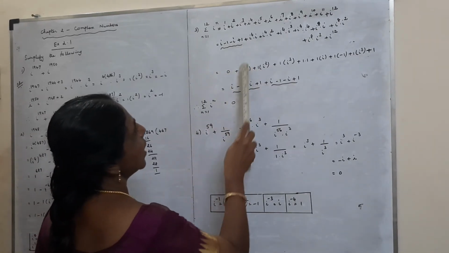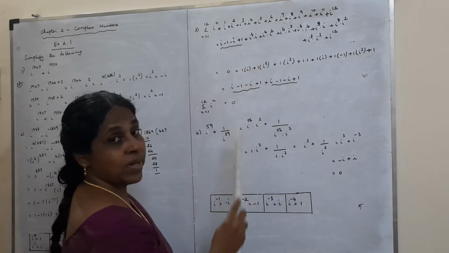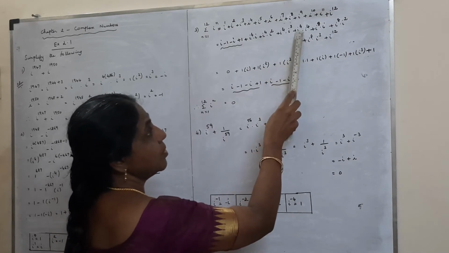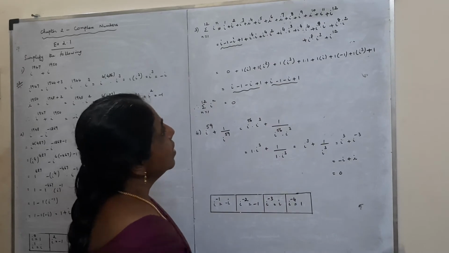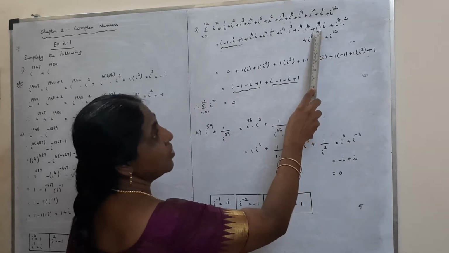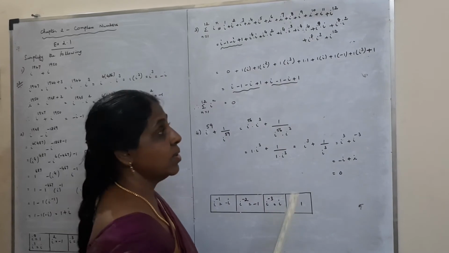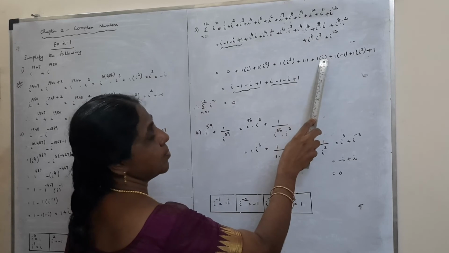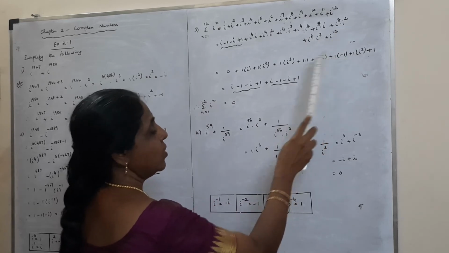Then i power 4 is 1, so 1 into i. Again i power 4 is 1, 1 into i square. 1 into i cube. 1 into 1. Then i power 8 is a multiple of 4, like i power 4n, so that becomes 1 into i, then 1 into i square, whose value is minus 1.